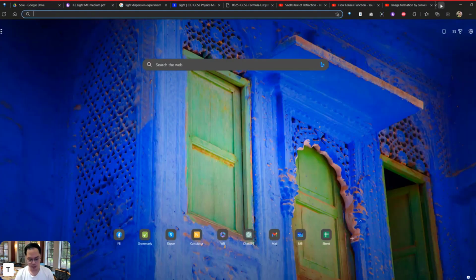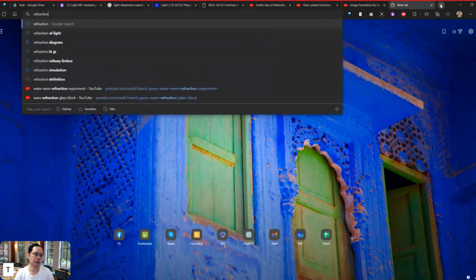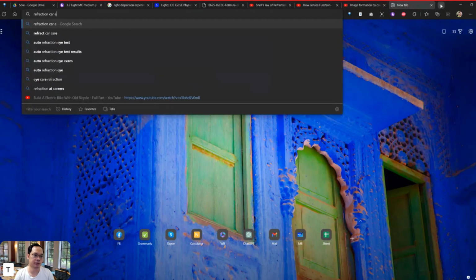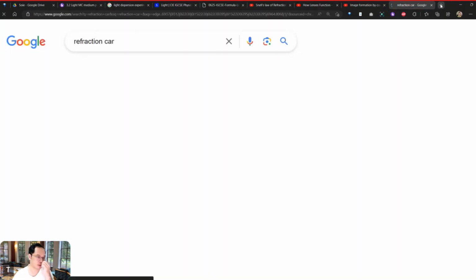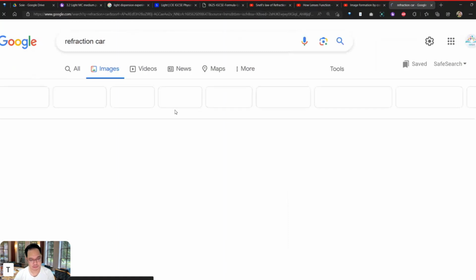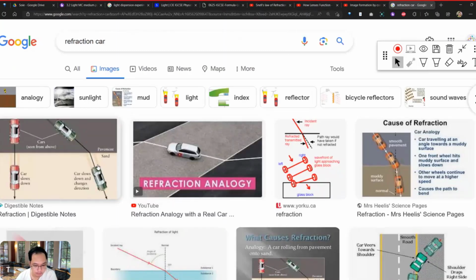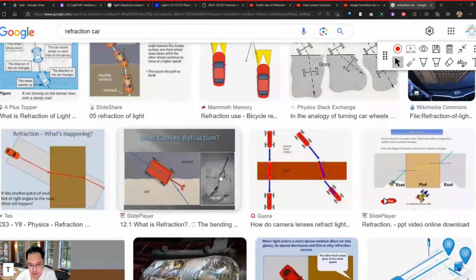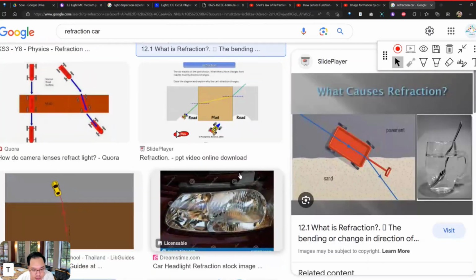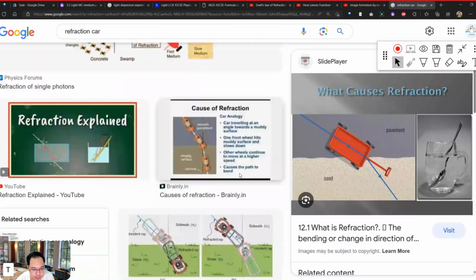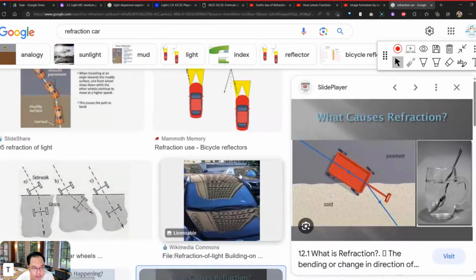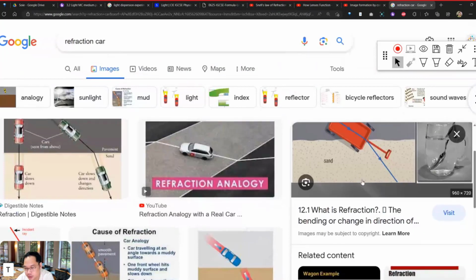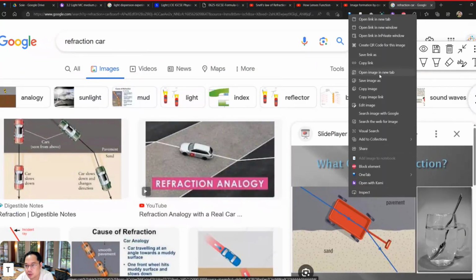Think about this one, refraction explanation. Refraction car, okay, here. I'm looking for that picture, similar to this one. Okay, here.